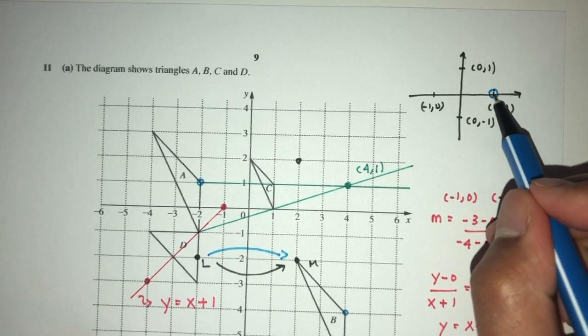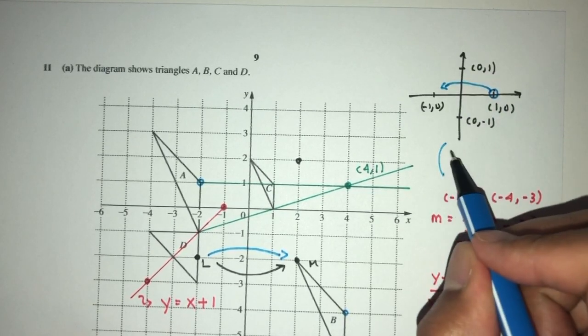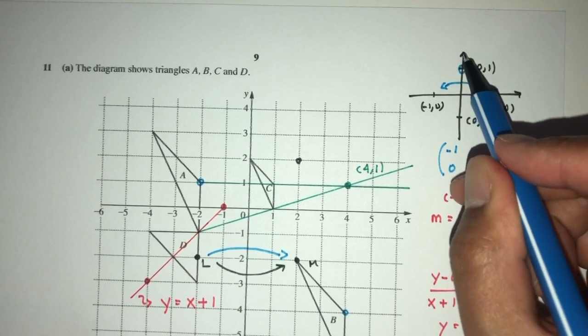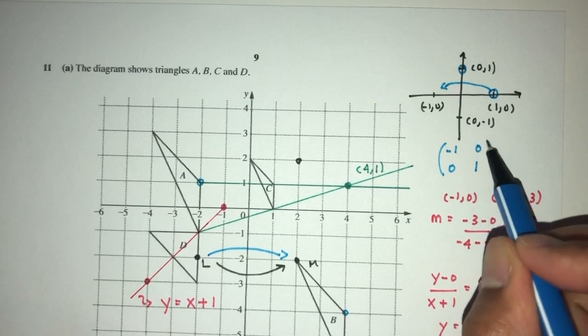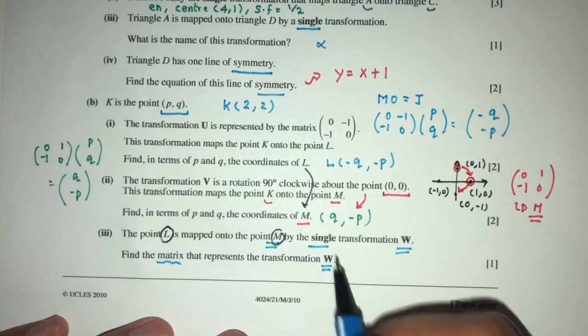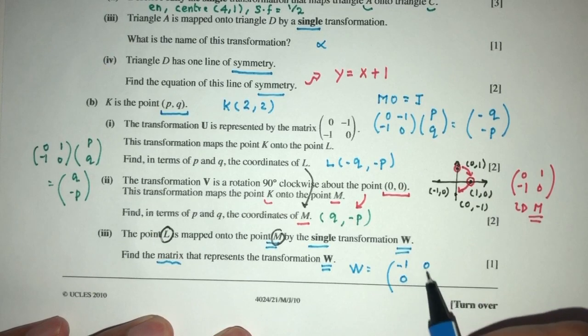If you reflect this one over the y-axis, it becomes this one, so the first column will be (-1, 0). Then this one will not move. So the matrix W has to be (-1, 0, 0, 1).